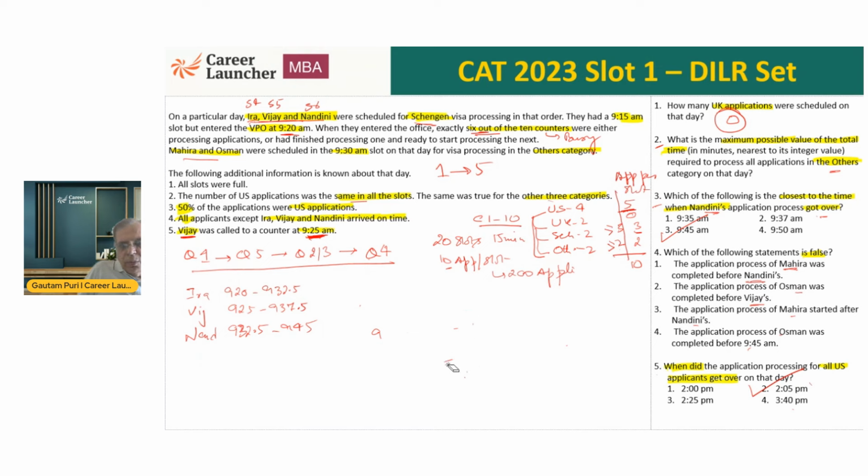Okay. So now let me look at others, because question 2 says others: total time for all applications for the others category. Let's say counters 1, 2, 4 we had put for US, 5, 6 for Schengen, and let's say 7, 8 for others. Counter 7 and counter 8. This is the others.